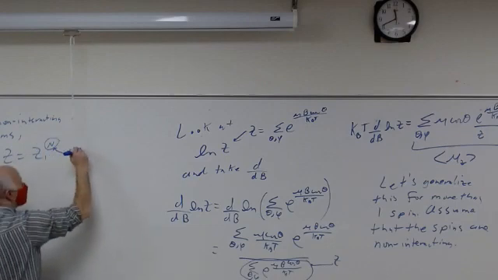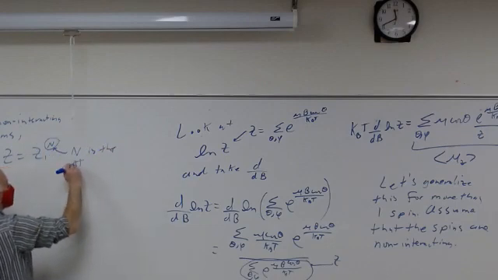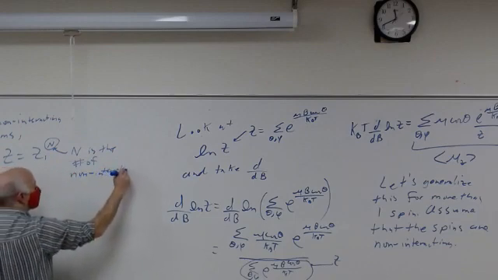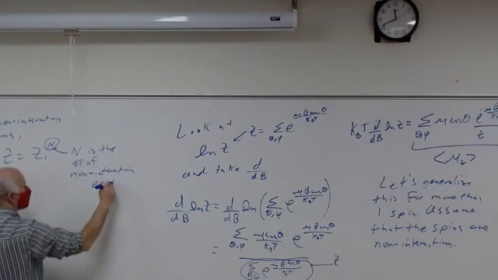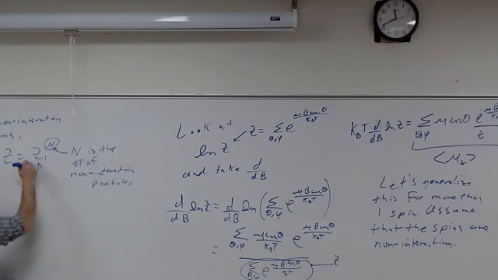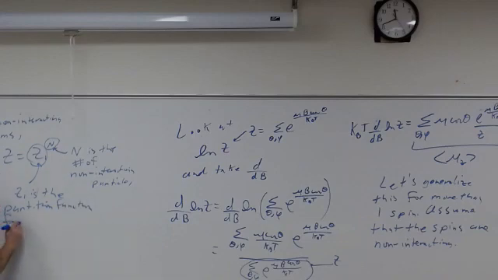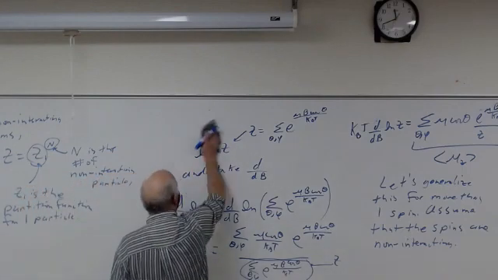N is the number of non-interacting particles, and Z1 is the partition function for one particle. We've seen this before, but it's an important enough argument. We're going to do it again for this case here.